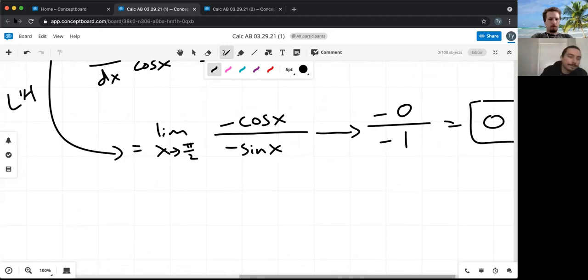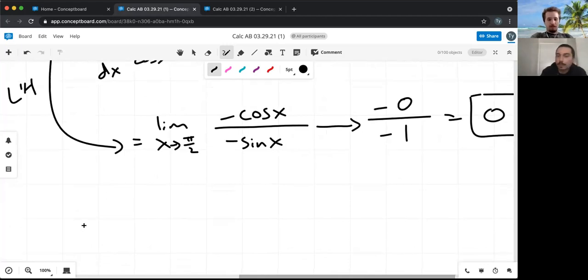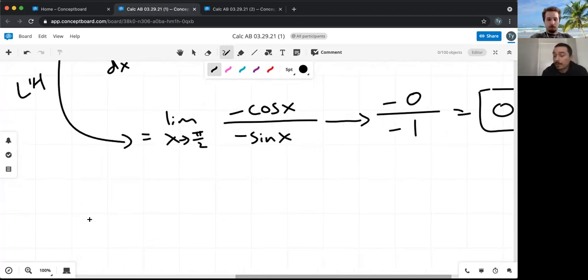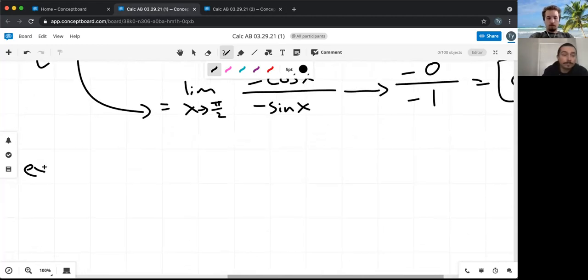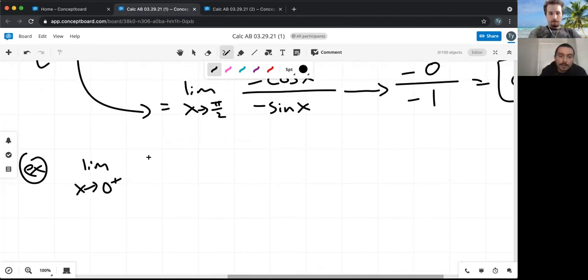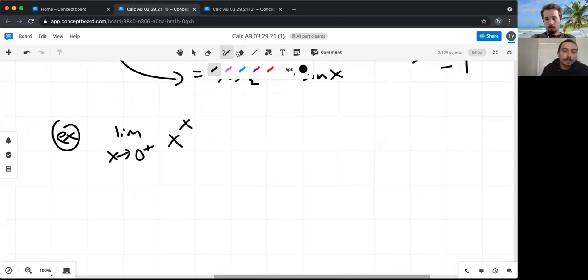Let's do a fun one. Let's do one that you can't really solve without doing this, or at least I don't know how to solve this another way. Let's do the limit as x approaches 0 from the right of x to the x. So remember, this plus means from the right.